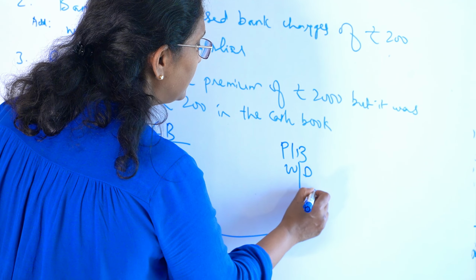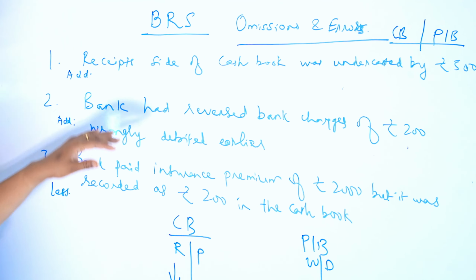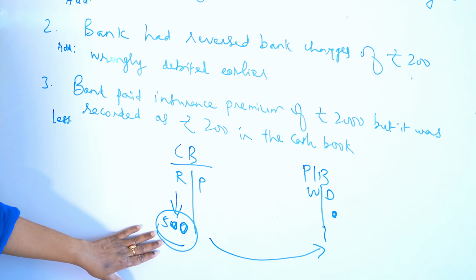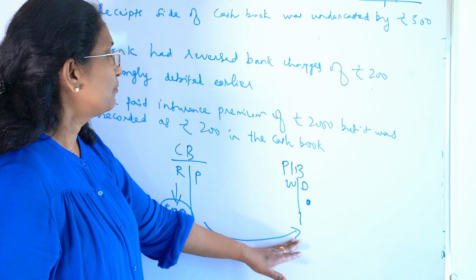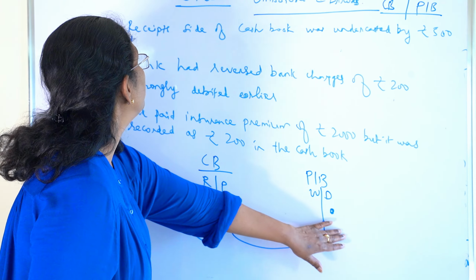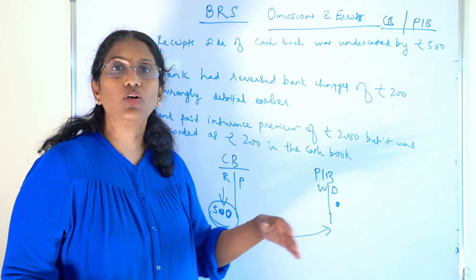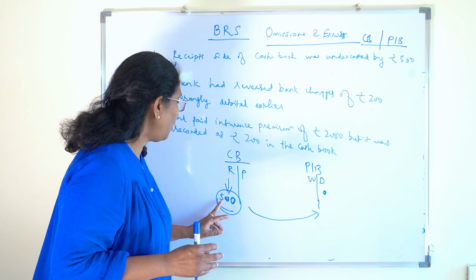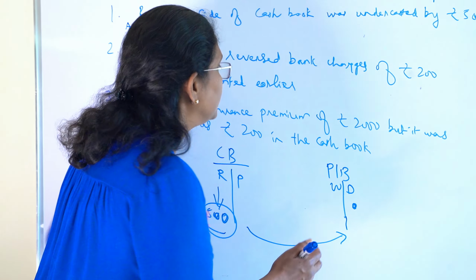This item is missing here, and plus return plus. When the receipt side of your cash book was undercasted, you are trying to reach here. So what is missing? It is not there exactly. So missing one, since it is undercasted, it showed less, so you add it here.